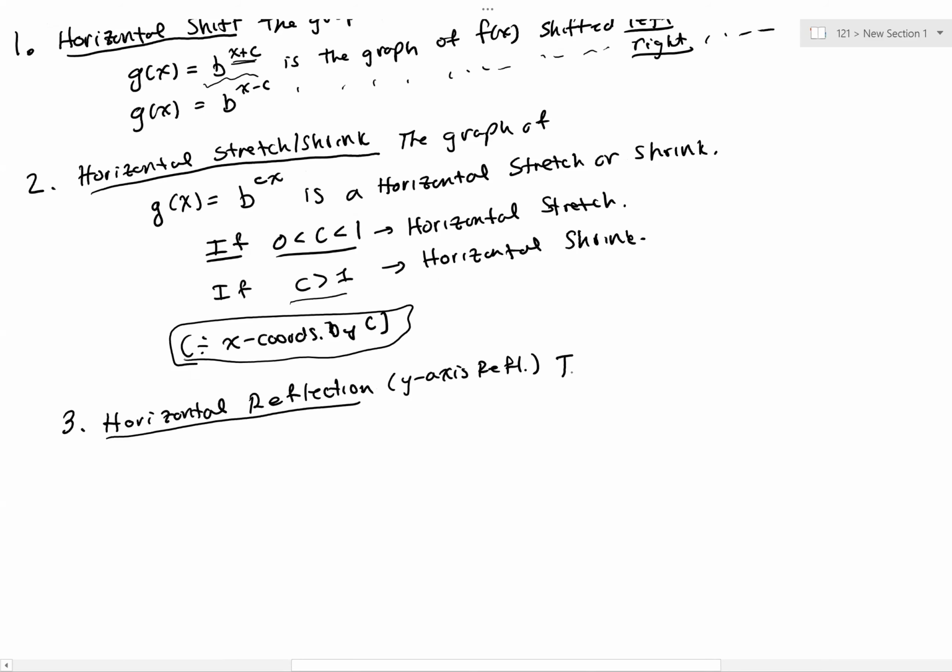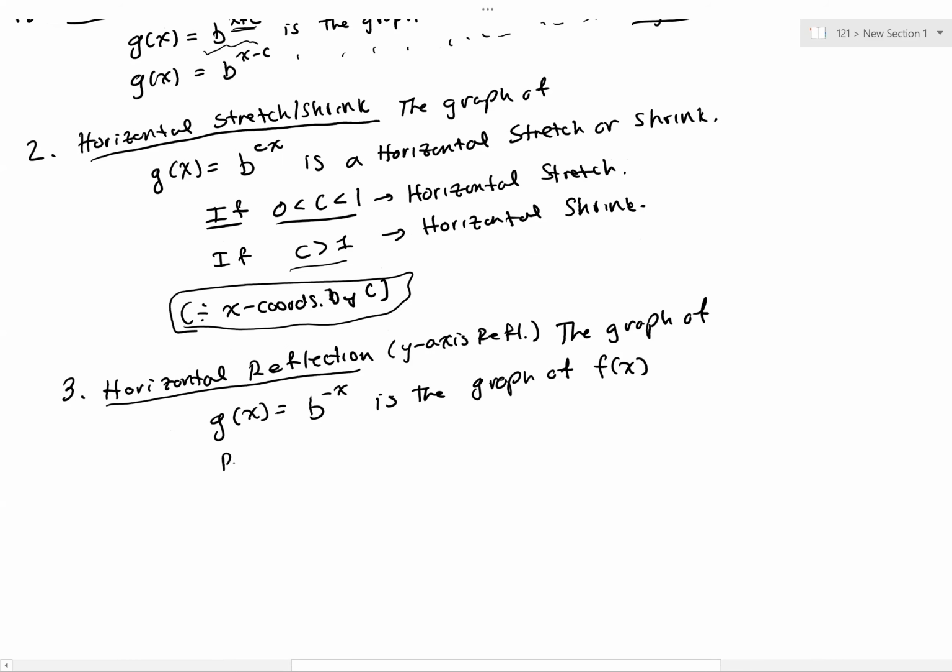So the graph of g of x is equal to b to the negative x is the graph of f of x reflected over the y-axis.